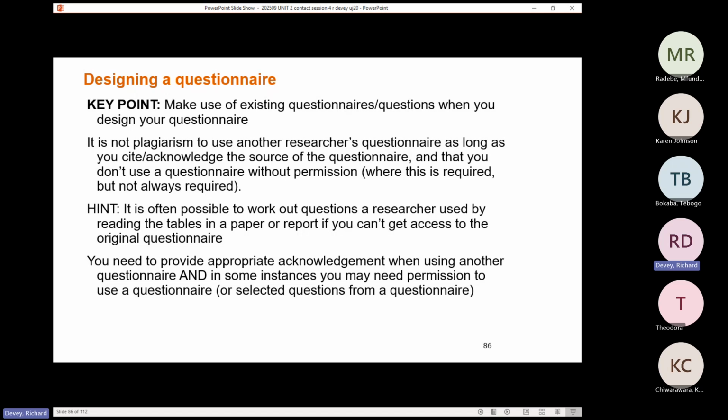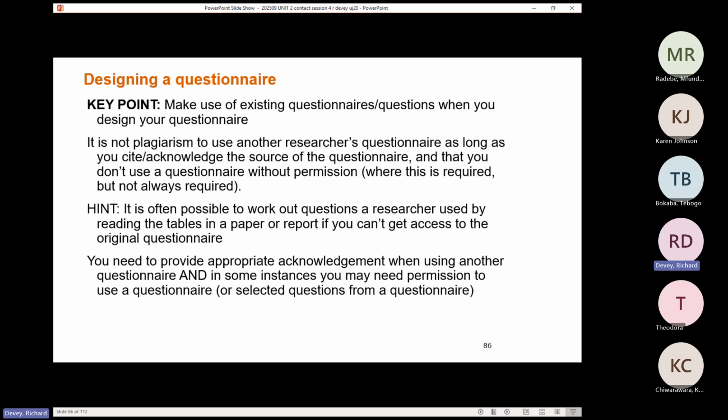But often questionnaires are published in a journal, and sometimes the researchers will very happily share the questionnaire with you. And sometimes if a paper's been published, you can often work out what the questions were from the tables that are included in the research paper.